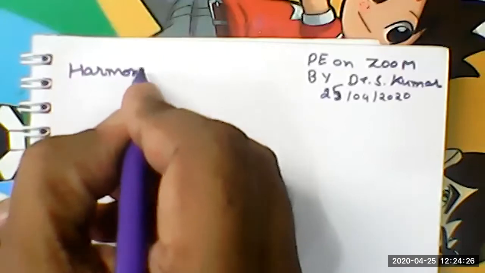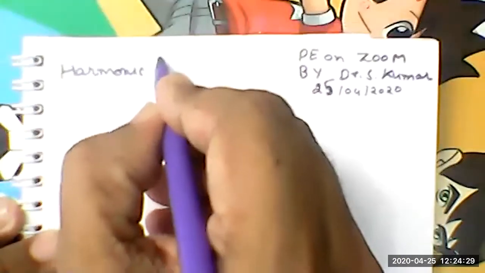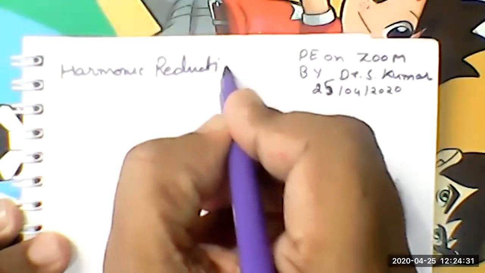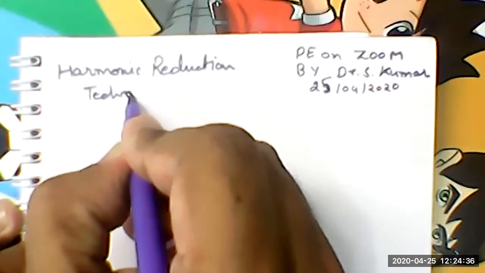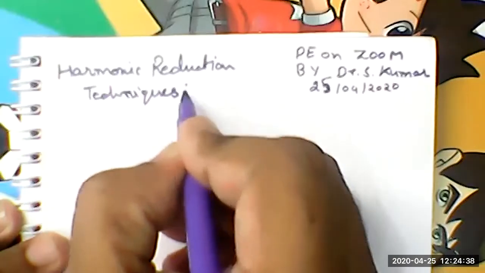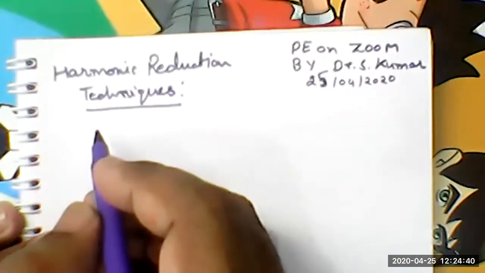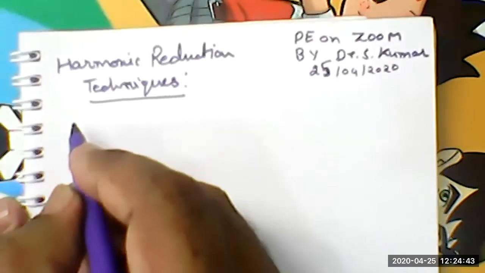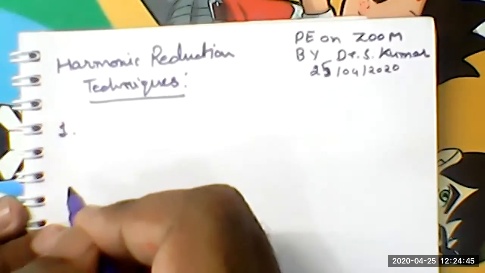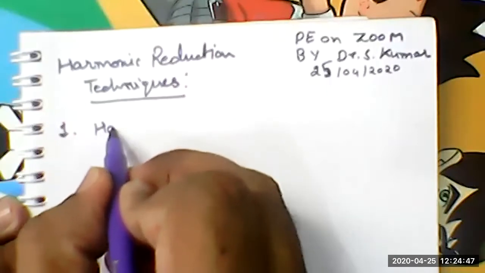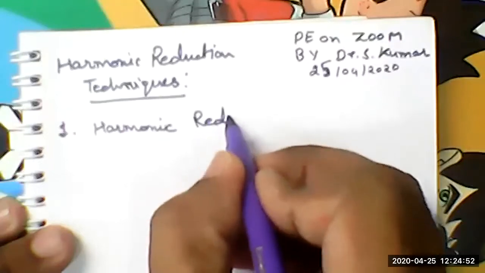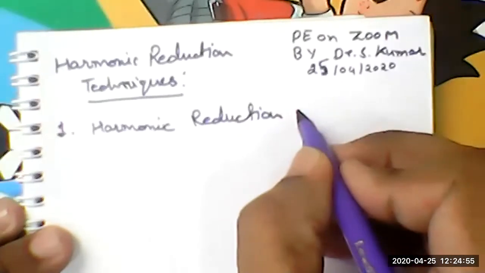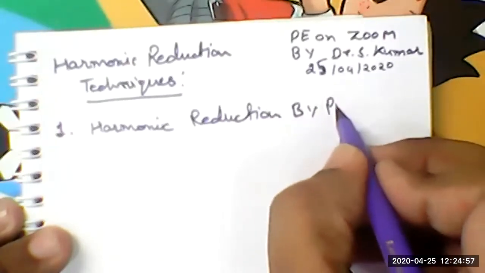Harmonic reduction techniques. In this category, the first one is harmonic reduction by PWM.